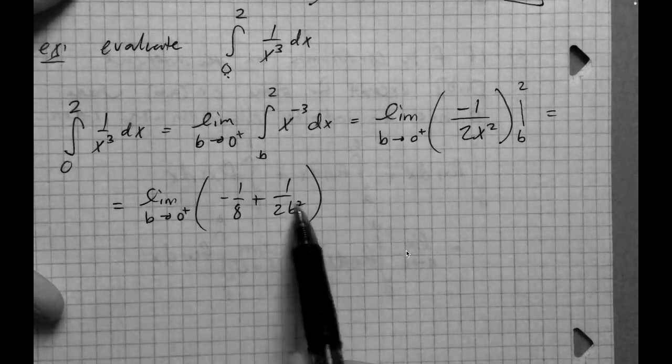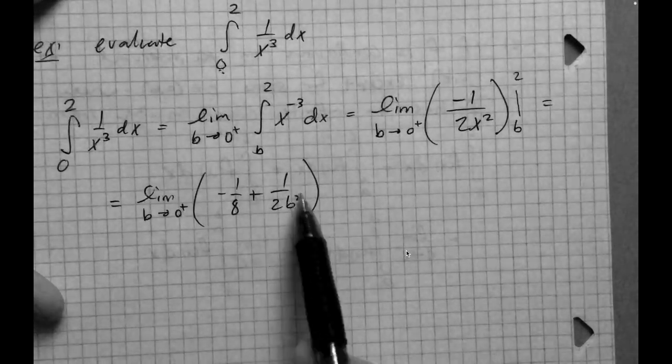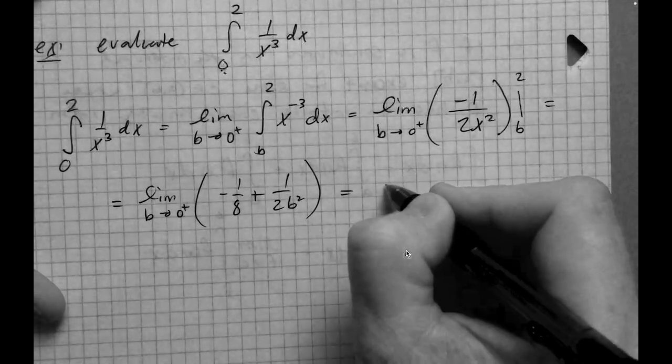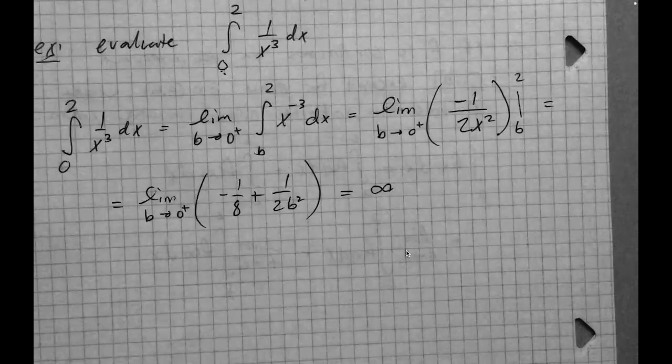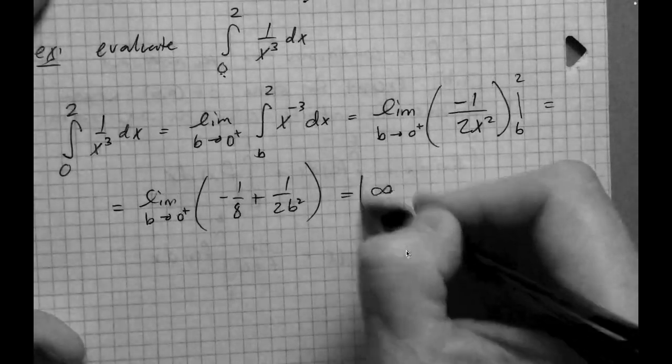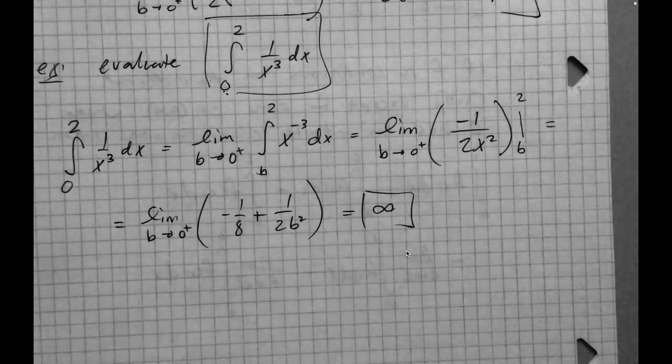But then what happens over here? Well, as b goes to 0, this ratio explodes. It gets larger and larger, and so this one is infinite. All right, very good. Okay, so that means that this integral is infinite, has an infinite value.